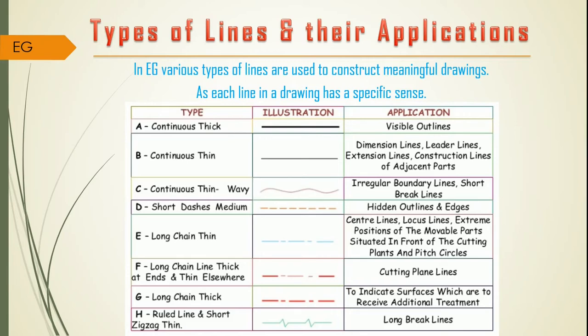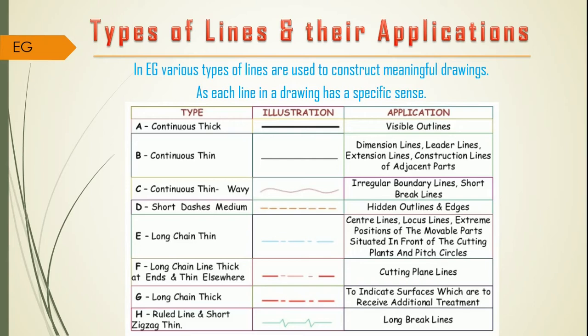So do remember that. Now after that, you have the long chain line which is thick at its ends, and elsewhere it is thin. The construction here is in the form of long-short, no doubt about it, and that long-short line is thin, but at the ends it is thicker.